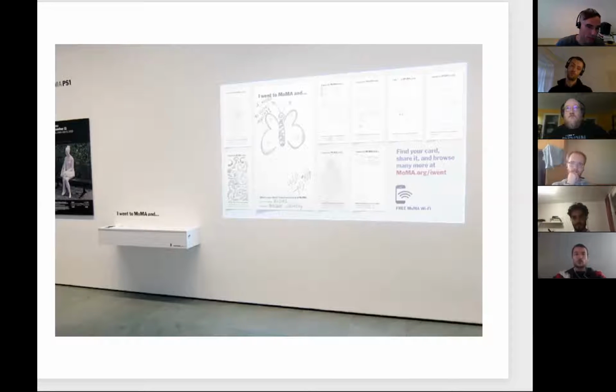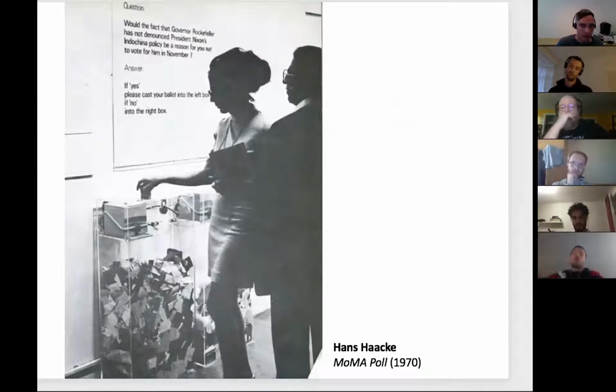And if we go back to the late 60s, around 1970, many of these strategies and techniques were being innovated by artists who were interested in expanding and opening up the notion of what a museum could be, right? So here's a very famous artwork by Hans Haacke. I bring this up now because a Hans Haacke retrospective just opened in New York at the New Museum.